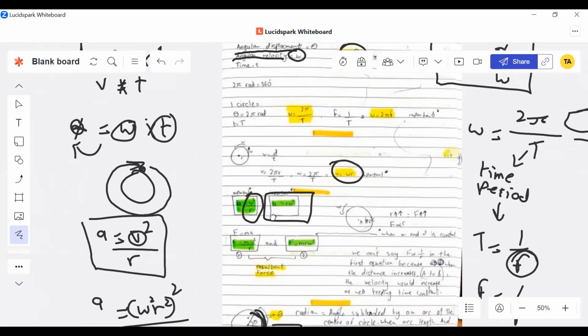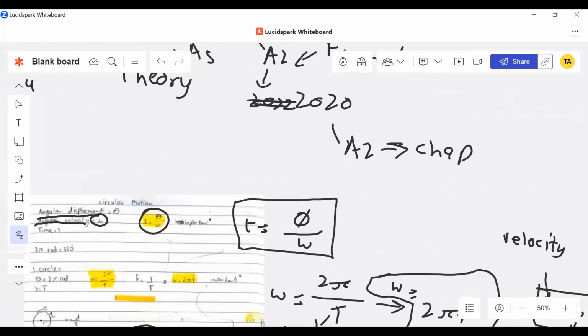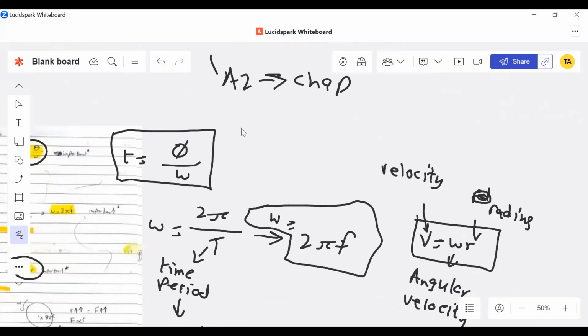The first one is time is angular displacement over omega, or angular velocity. And then omega is 2 pi f, or 2 pi into frequency. You also need to know this formula right here, that omega, or angular velocity, is 2 pi over time period.